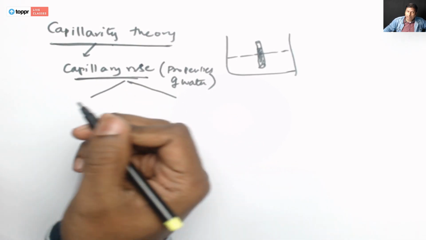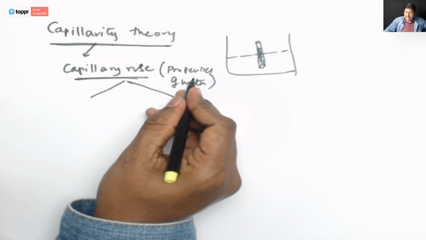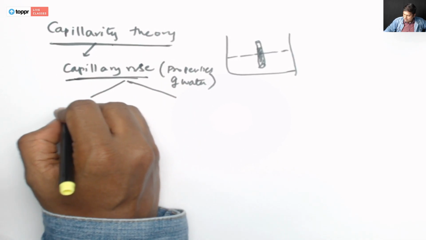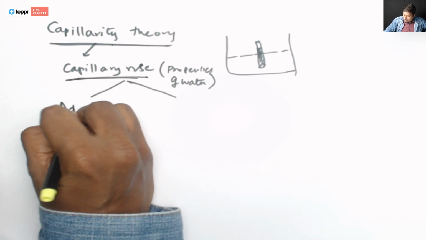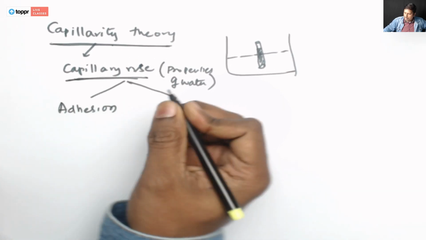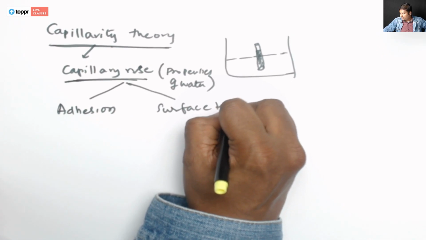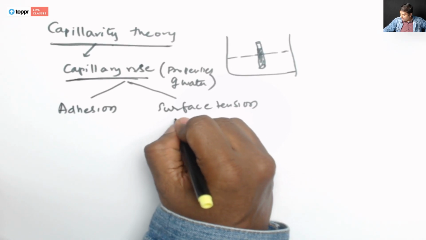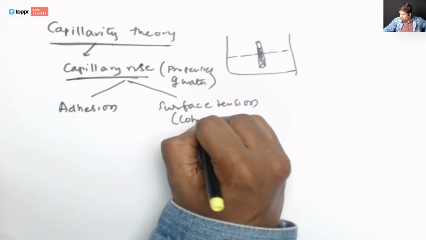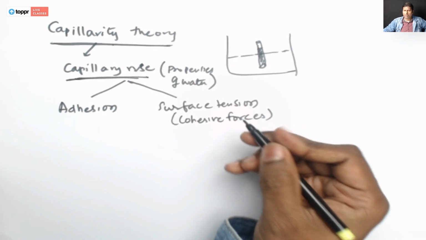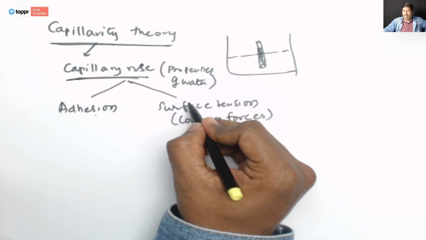And what are the two properties of water that are responsible for capillary rise? The two properties are adhesion and surface tension of water. This surface tension is because of the cohesive forces. In some books you will see adhesion and cohesion.